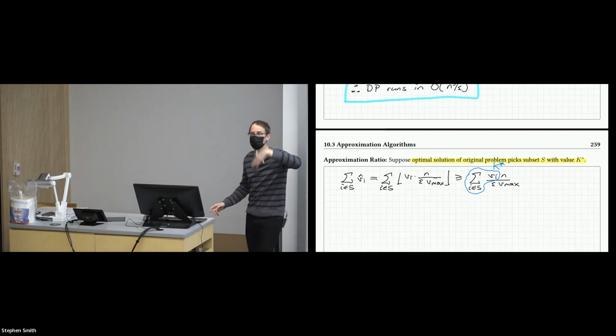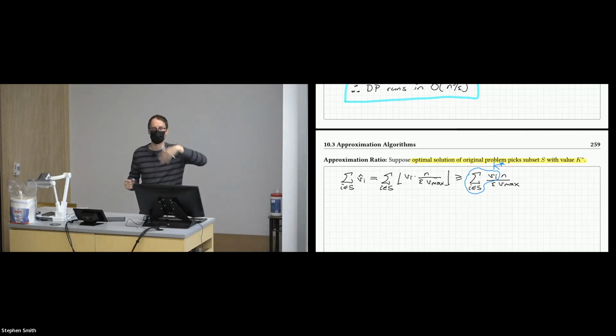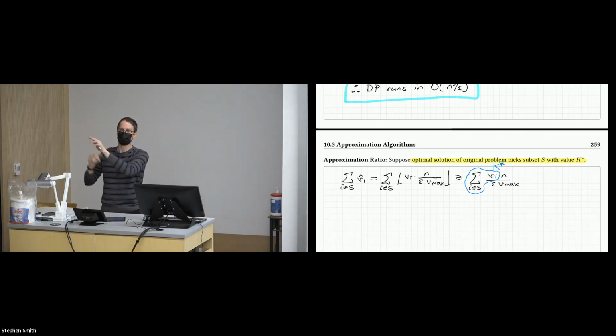So the floor can do no more than subtract 1 off. It actually can only subtract like 0.99999 off, right? And so what I wanted to do is write that minus 1. Replace the floor by its argument minus 1, and it has to be bigger than that.